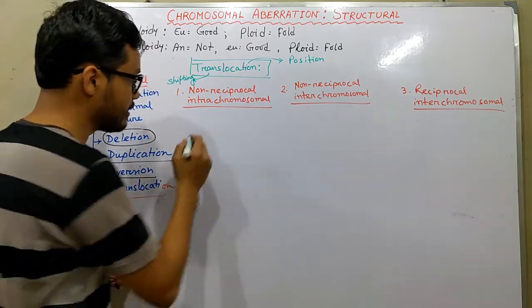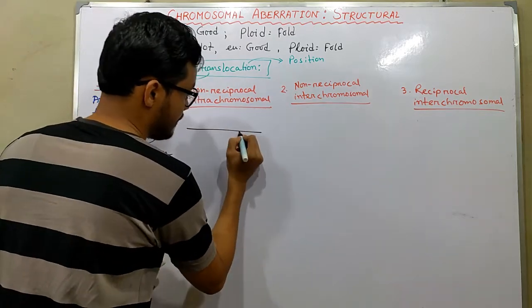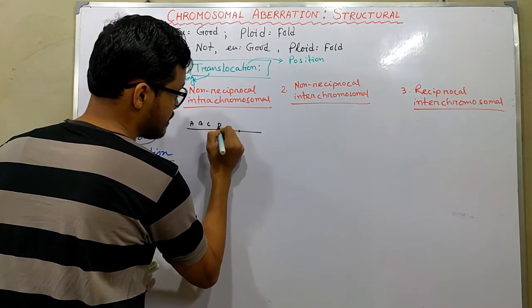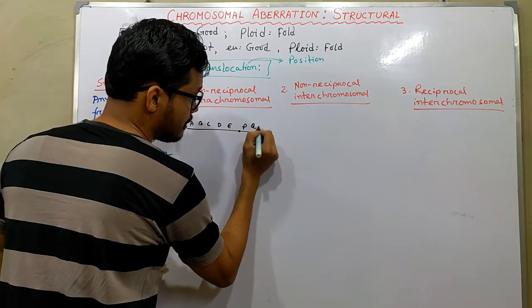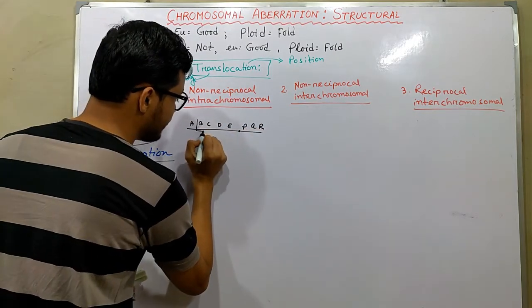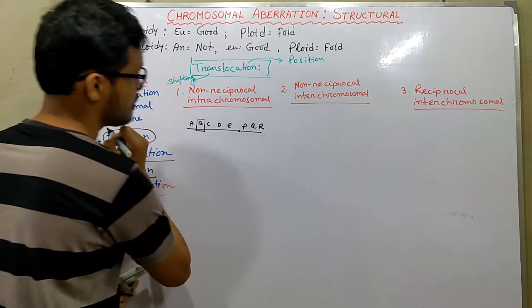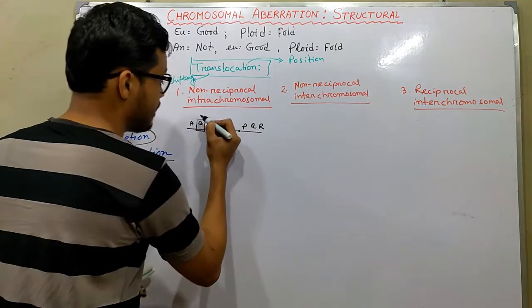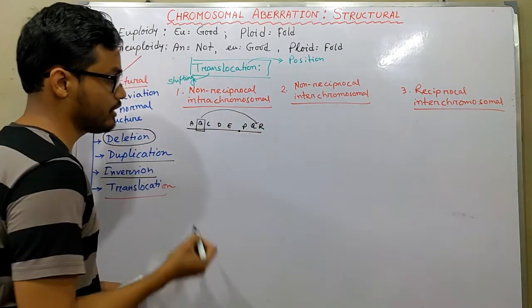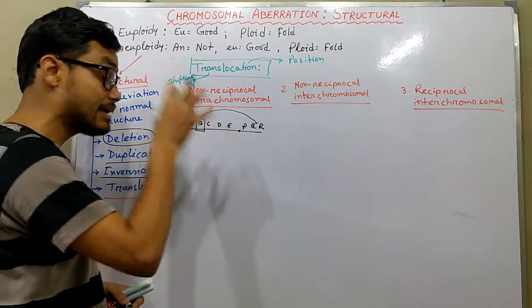So here, if we draw a diagram of a chromosome: A, B, C, D, E, P, Q, R. Let's assume that the B segment is now translocated into between Q and R. Okay, so it is in the same chromosome.